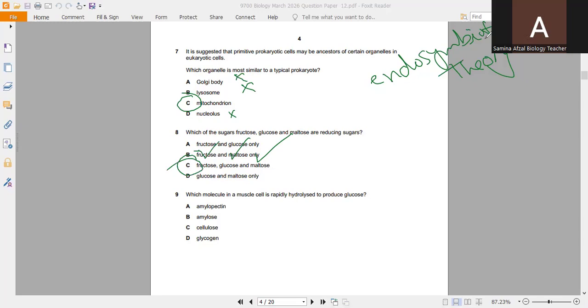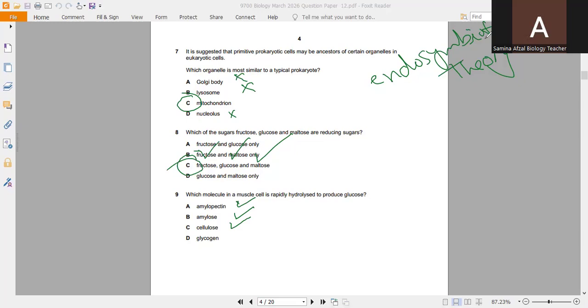Now question number 9: which molecule in a muscle cell is rapidly hydrolyzed to produce glucose? Definitely amylopectin and amylose are not the answer. Cellulose is also a carbohydrate, which makes up the wall in plant cells.